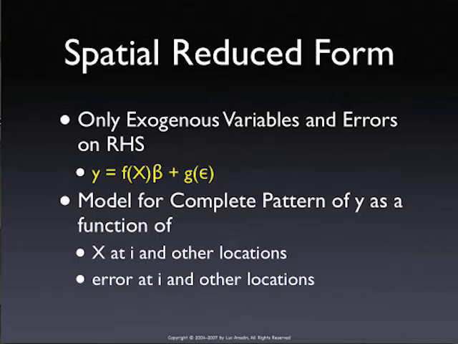So this is a model that can actually be used for policy simulation. The previous one we cannot use for policy simulation because of the simultaneity between the y, the dependent variable, and the spatial lag. We cannot take the neighbors as given when we're trying to model the full pattern, because in the full pattern the neighbors are unknown.